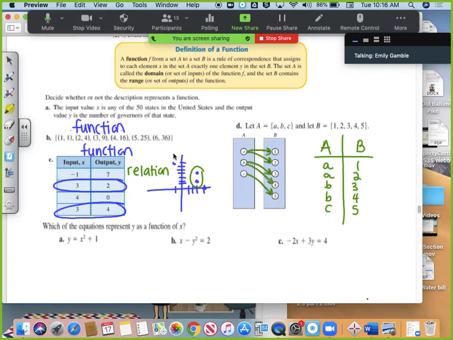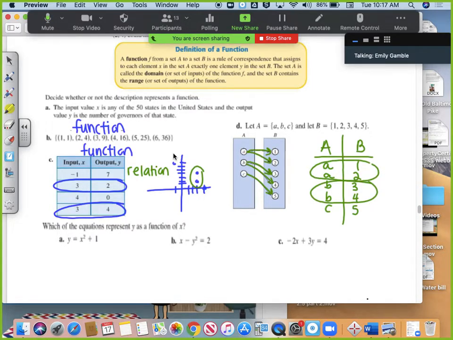I know we're not using X's and Y's here, but if we thought of the capital letter A as X and the capital letter B as Y, I see two issues with this because there are 2 times that the X values repeat, and it happens here, and it happens here.